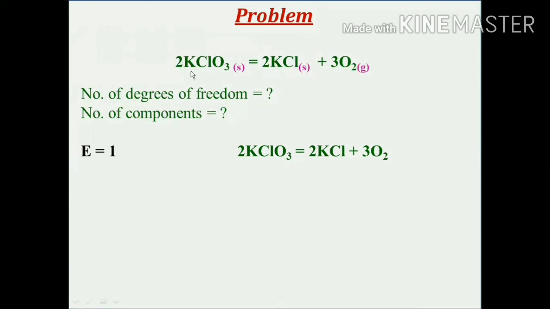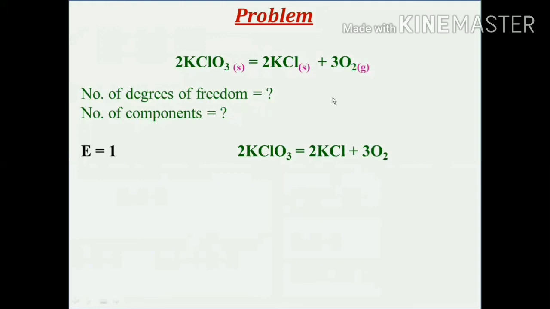KClO3 is giving us KCl and O2. This is one equation which is already given to us. Besides this, is there any aqueous state mentioned over here? I cannot see any information given to us that water is present in the system, so that we could think that KCl is present in the aqueous state.